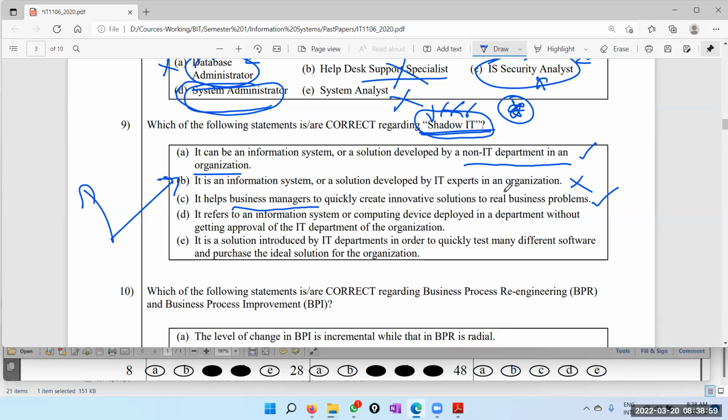Because if it is something like a bank, they have a lot of security and other policies. You can't just develop something and install it, right? So therefore, this is a debatable answer. In some organizations, yes, you don't have to inform them. You can just use it. But in some cases, you have to inform, especially if you are doing the installation. So this is a debatable answer, unfortunately.